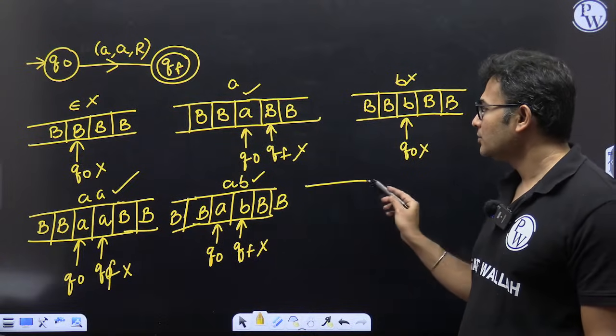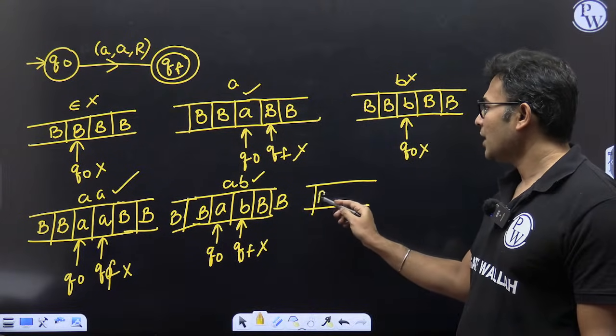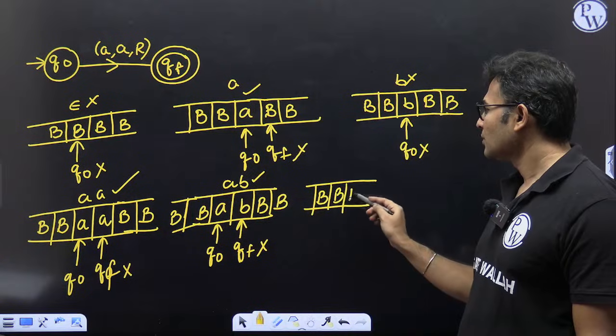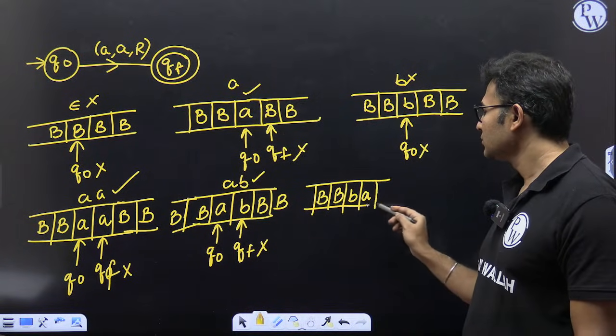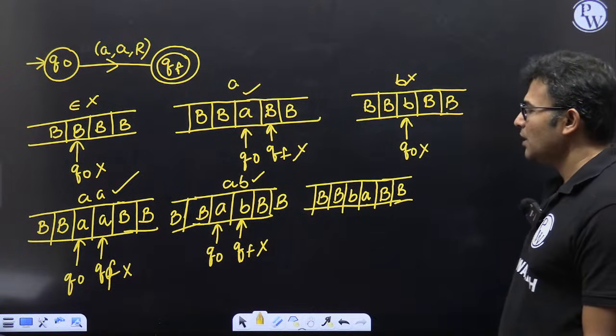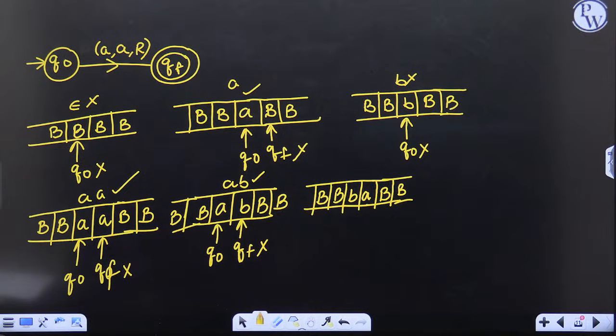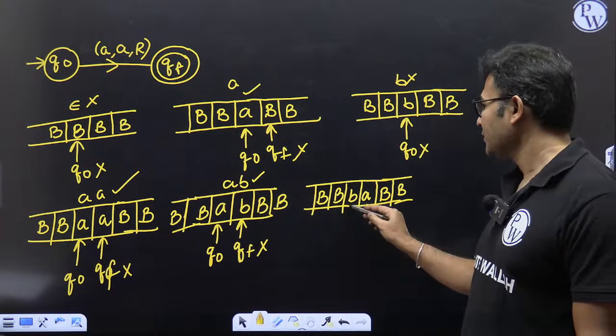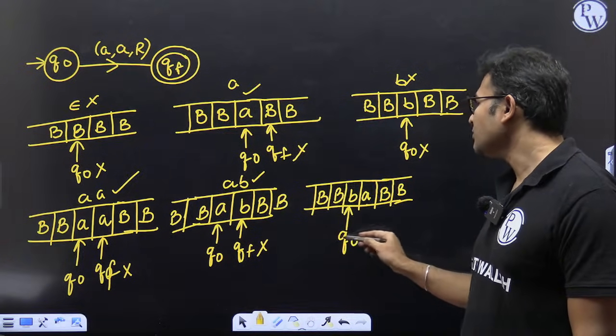Now if you look at BA, blank, blank, B, A, blank, blank. Q0 on seeing B, nothing is defined.